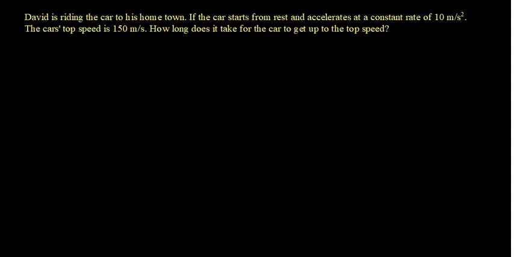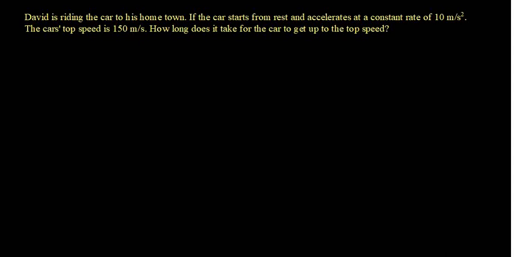Okay, so in this example, David is riding the car to his hometown. The car starts from rest and accelerates at a constant rate of 10 meters per second squared. That's great.